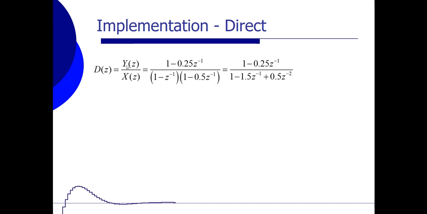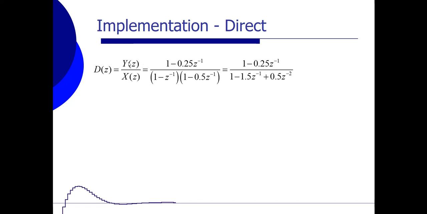When you work that out, you get Y minus Y times 1.5 times Z to the power minus 1 plus Y times 0.5 times Z to the power minus 2, which is equal to X minus X times 0.25 times Z to the power minus 1.